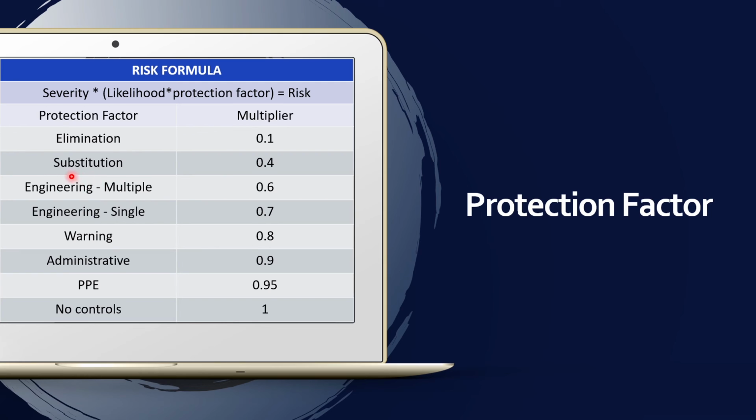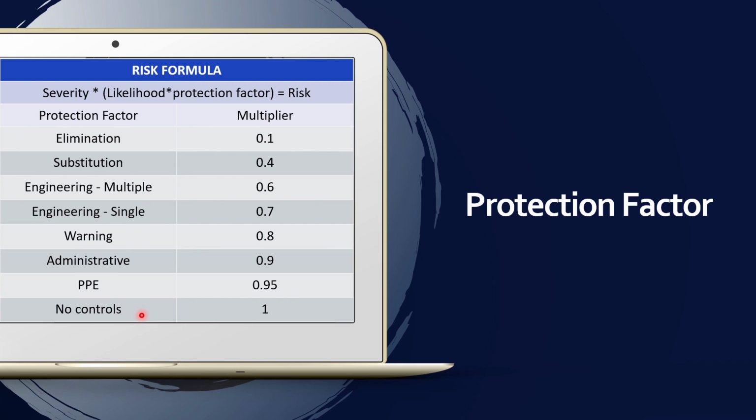For substitution, we multiply by 0.4. For multiple engineering control measures, we multiply by 0.6. For a single engineering control measure, 0.7. In this way, we have 0.8 for warning, 0.9 for administrative control, and 0.95 for PPE.